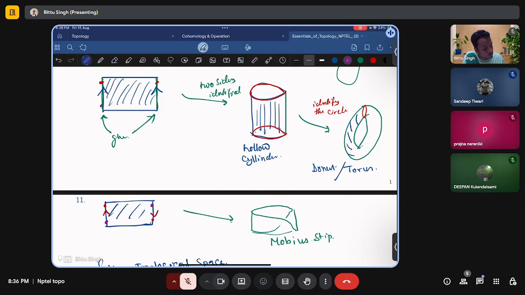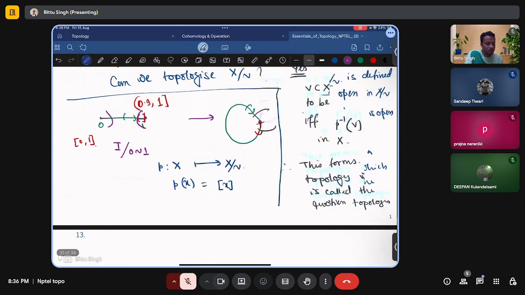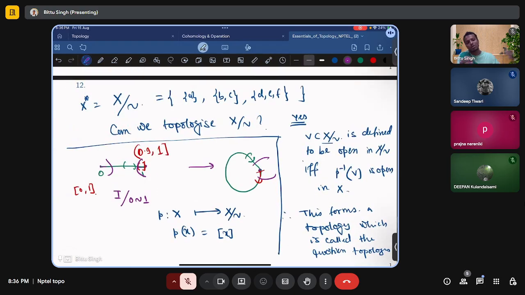Similarly, this point is identified with this point, point by point. If that relation is different, then that will give something new. So we'll get a new topology, a new space. That's why quotient is important. Quotients allow you to create lots of spaces.